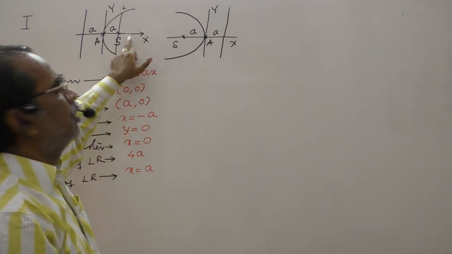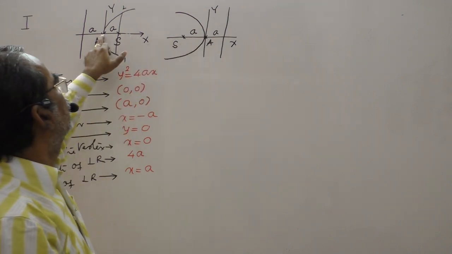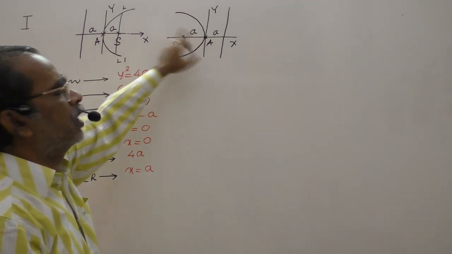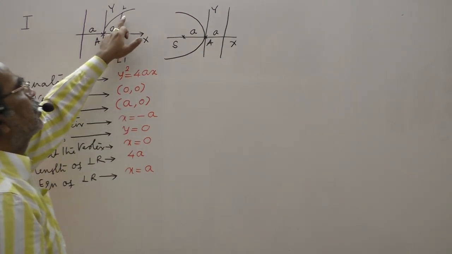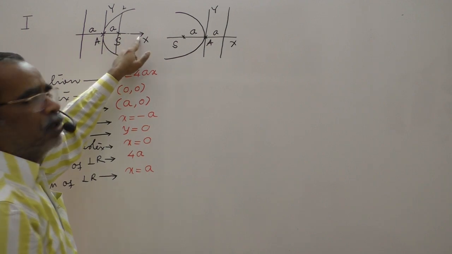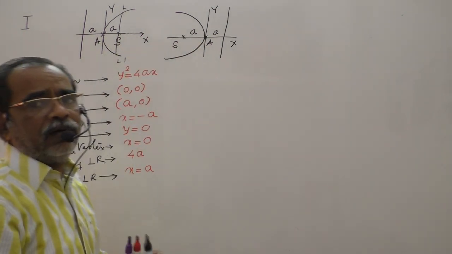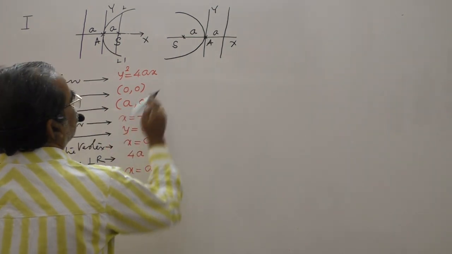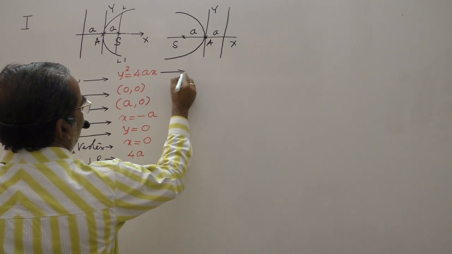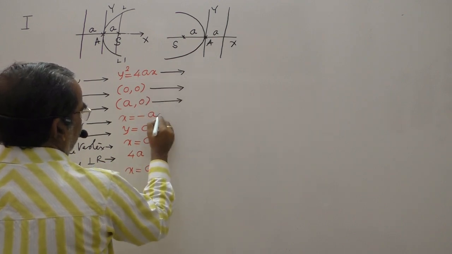For this and this, the axis is the x-axis only, the vertex is 0, 0 only, the tangent at the vertex is the y-axis. What is the difference? This curve is taking all positive x values and this is taking all negative x values.